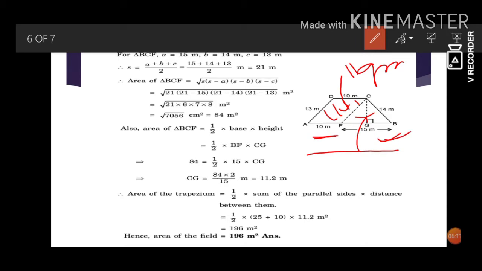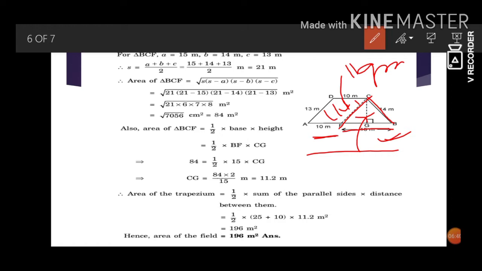One side of the parallelogram was 14 and CF is parallel to DA, so this side becomes 13. So now we have the sides BF as 15, CB as 14 and CF as 13.